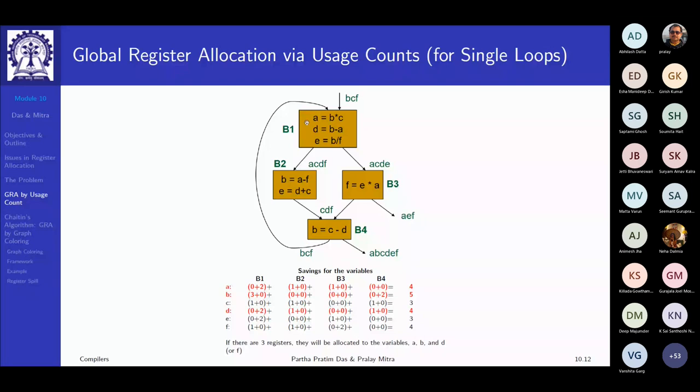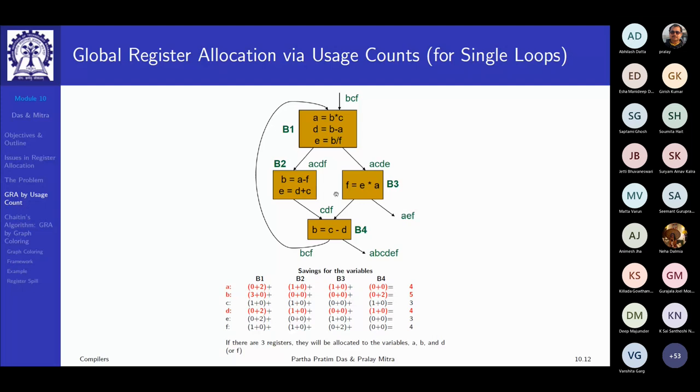A is being defined before being used. A is not used without definition. In fact, A is not live on entry, so it cannot happen either. Therefore, if you look at the table below in the row of A, the first entry, savings part, is 0. There is no savings to get by having A in a register.